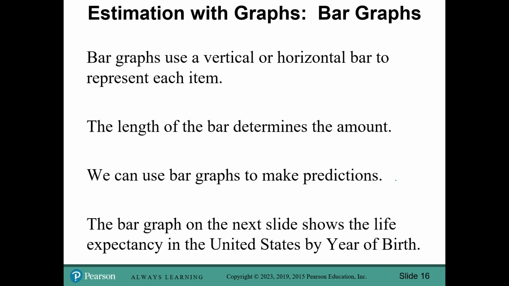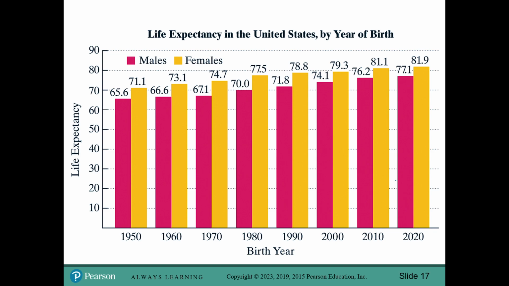The bar graph on the next slide shows the life expectancy in the United States by the year of birth, so the year in which you were born. Looking at this chart, you can see that life expectancy is on your y-axis, birth year is on your x-axis.